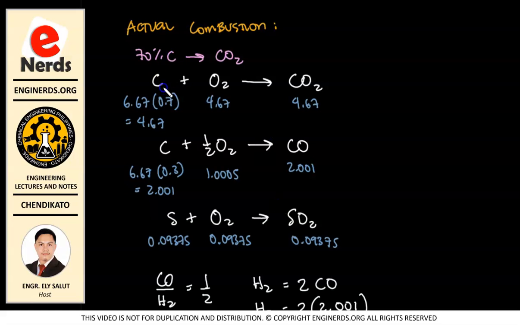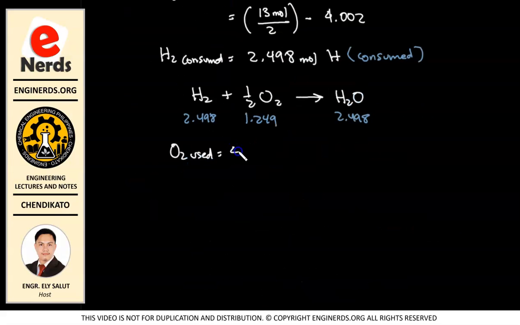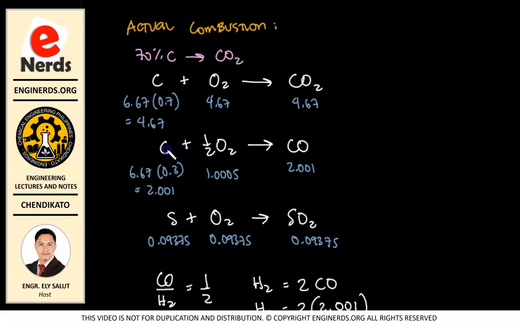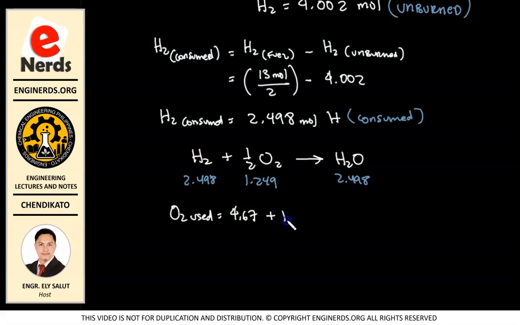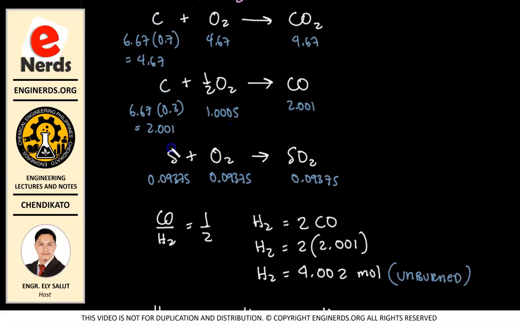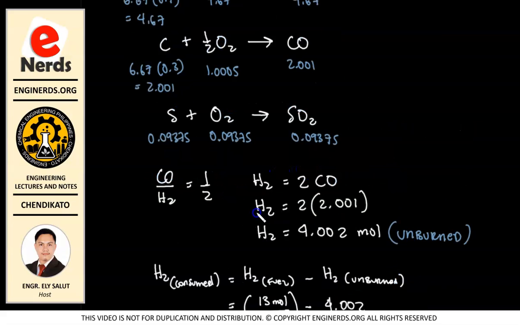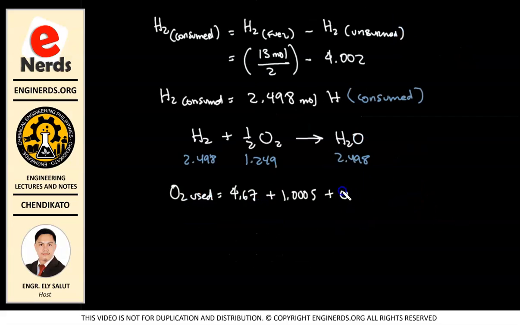So let's start with the oxygen used in converting carbon to CO2. We have 4.67, plus the O2 used in converting carbon to CO, we have 1.0005, plus the O2 used in converting sulfur to SO2, 0.09375, then plus the O2 used in converting H2 to water, we have 1.249.